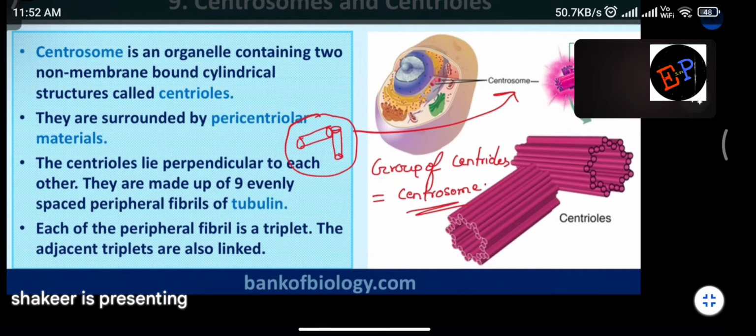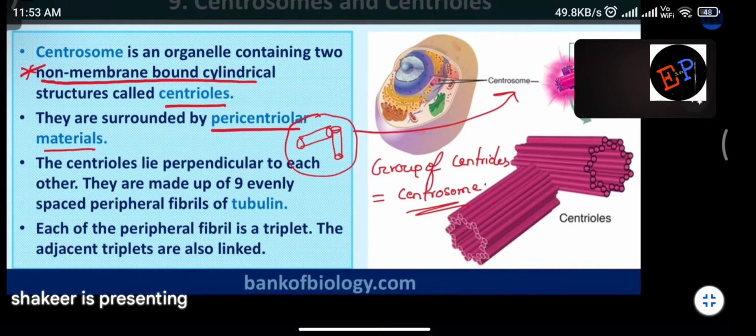Now let us see. A centrosome is an organelle containing two non-membrane bound cylindrical structures called centrioles. So the centrosome is made up of non-membrane bound structures. It means centrioles do not have any membrane. This is another important point. They are surrounded by pericentriolar materials.